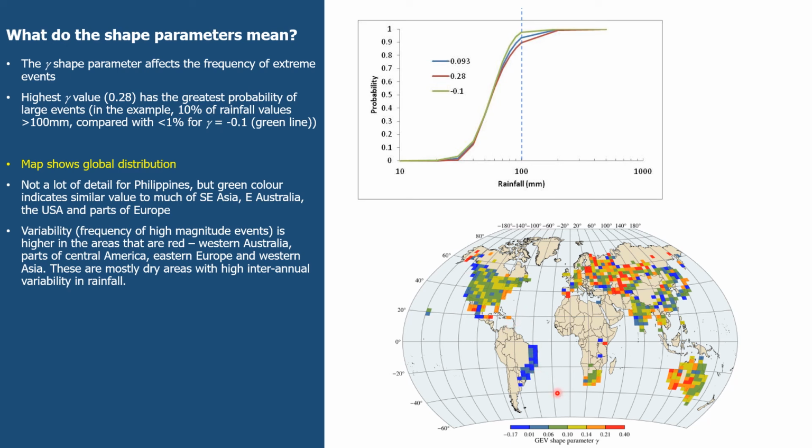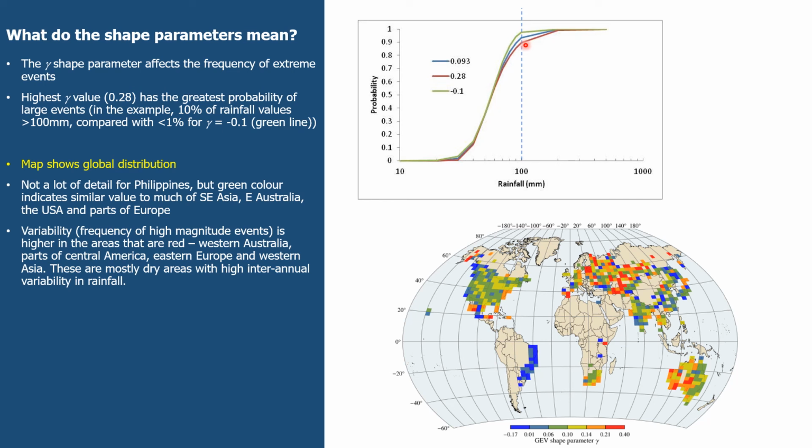the US. And in the top graph here, we've plotted the effect of those shape parameters. Negative value is the green line, a small positive value is the blue, and a bigger positive value is the red. And this is rainfall on the x-axis and then probability on the y-axis. And the further down these lines come, it implies there's more high magnitude events.